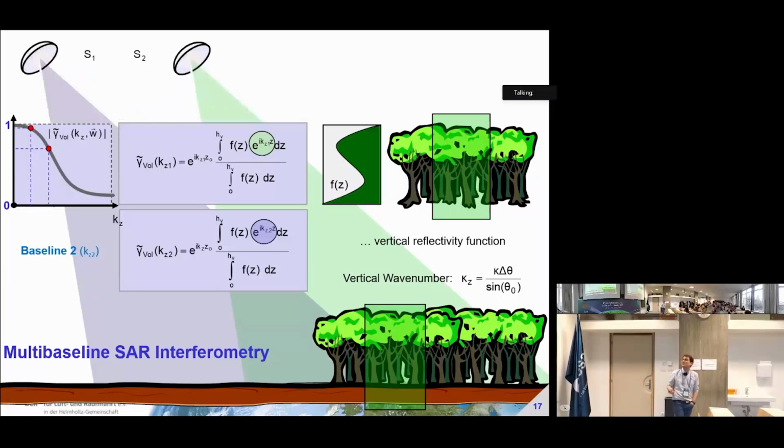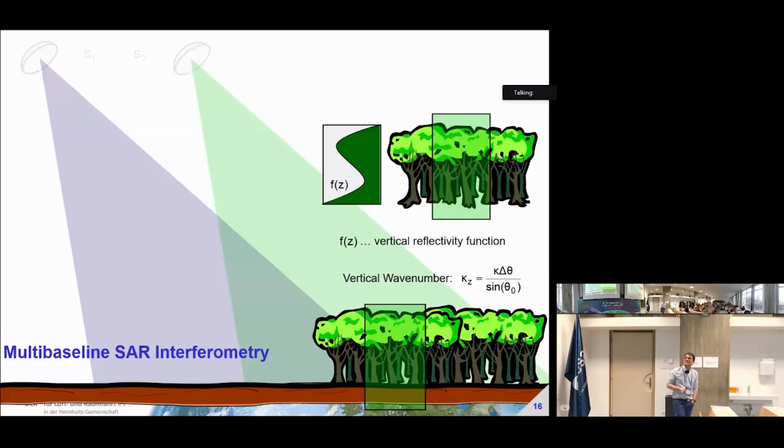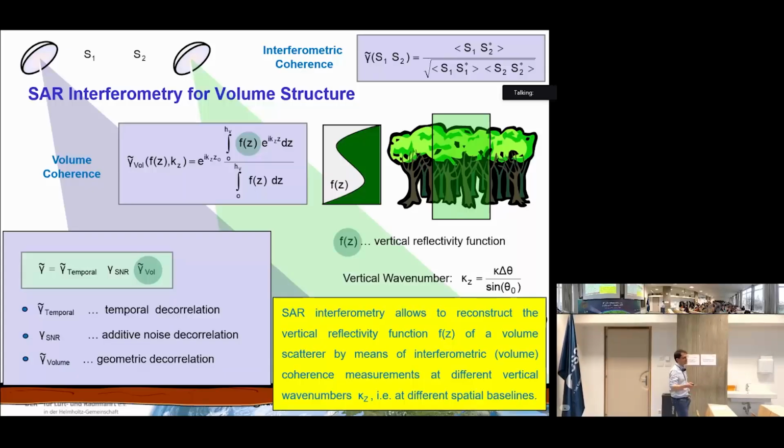One of them is for sure height, because if you change this height, you have a different coherence for the same shape. But you can also have parameters that describe the shape. Or you can say, I don't like to have parameters, and I try to estimate the shape as parameter-free as possible. I will come back to this point later.